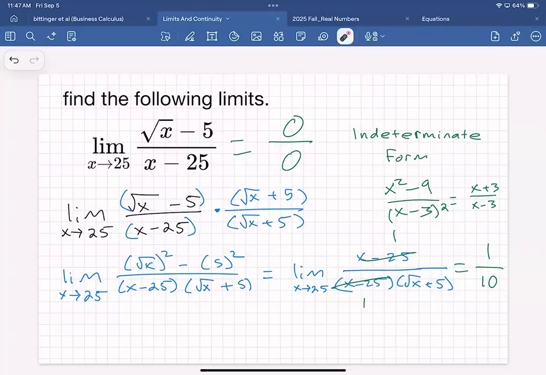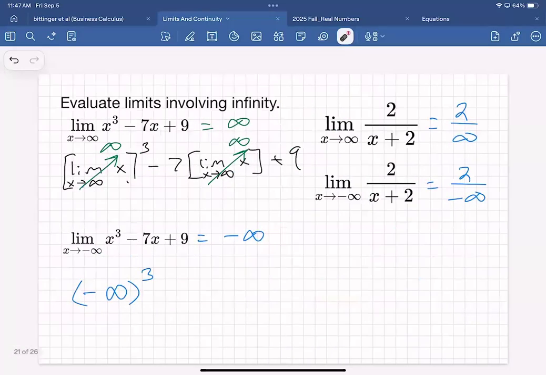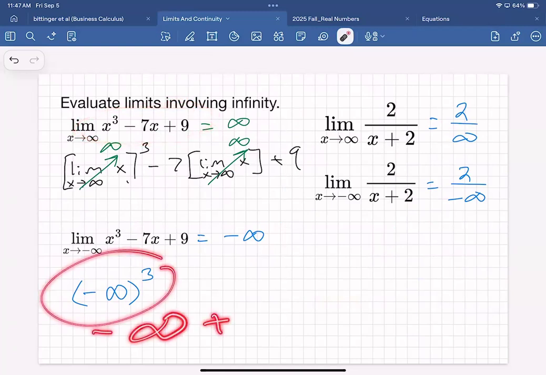Because you can't base that off of infinity. Infinity is not a number, so we can't use infinity divided. Like even with this situation here, when I'm telling you that infinity cubed plus 7 infinity is still infinity, I'm being sketchy, because remember down here, this is technically negative infinity plus infinity.